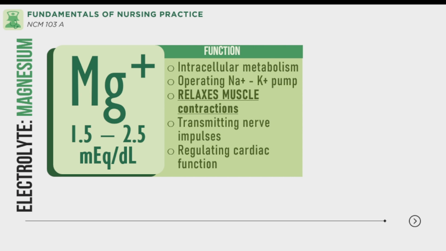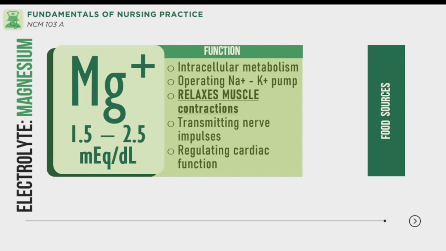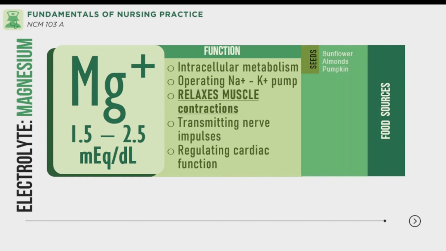Food sources for your magnesium involve those which are seed-based. You have sunflower, almonds, and pumpkin. Those which are legumes, you have your beans, chickpeas, and lentils. Veggies like your spinach and kale. And you have your whole grains, which include brown rice, quinoa, and oats.